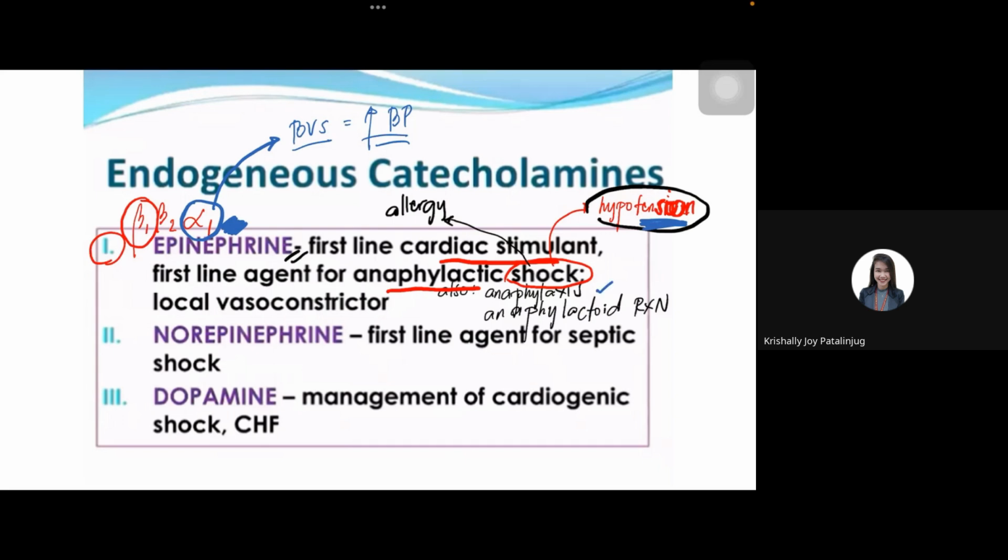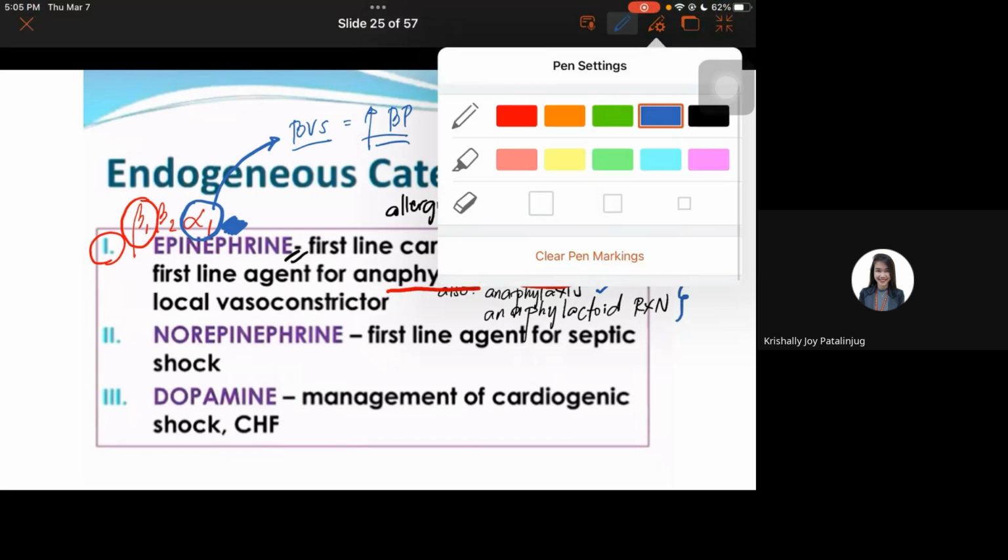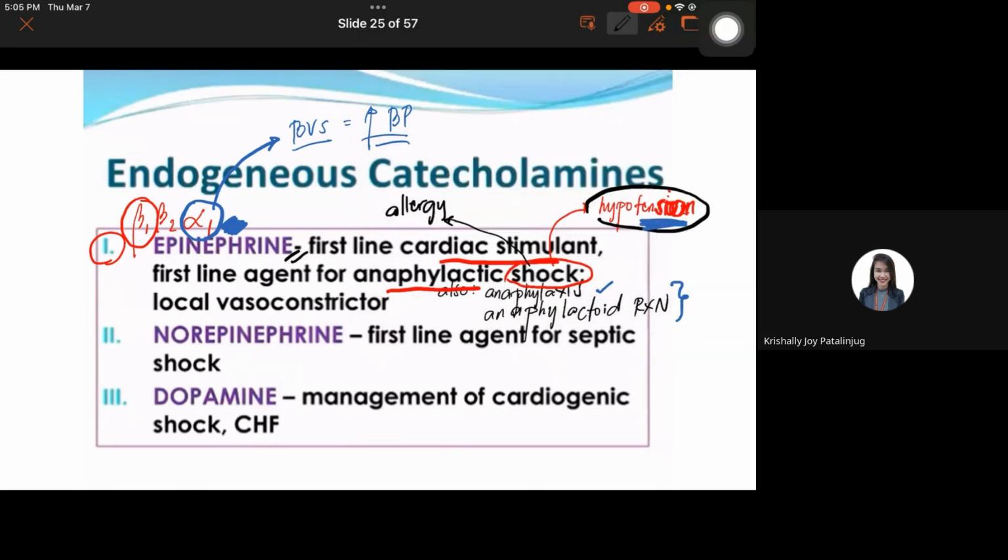Now, what about anaphylaxis, anaphylactoid? With regards to the two additional shock states, or anaphylactic states rather, meron silang similarities in terms of symptoms. Ano yung similarities ng dalawa? Ganun din, yung hypotension symptoms being manifested by patient having these reactions, anaphylaxis and anaphylactoid reaction. And also, a patient is also experiencing shortness of breath or difficulty of breathing.